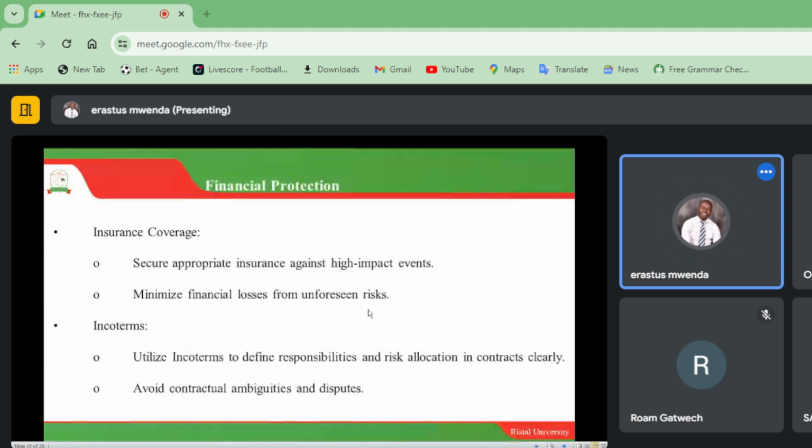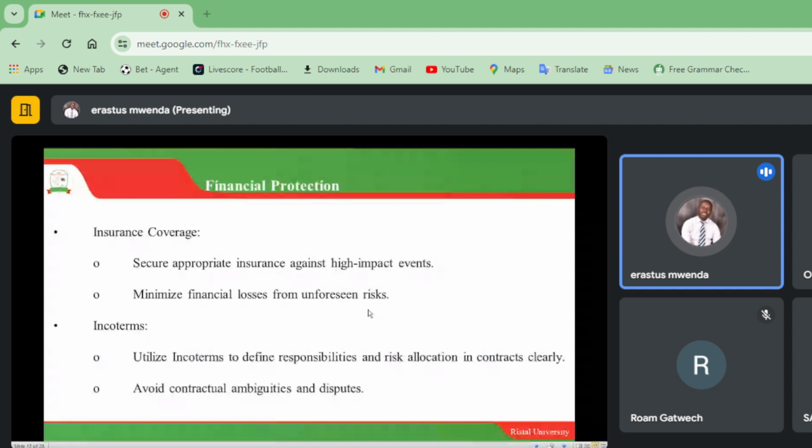Another issue around the Incoterms is the risk transfer. That is when the risk passes. When does the risk pass from the seller to the buyer? You can imagine a good is in transit and then something happens. Who takes the responsibility? Is it the seller who already released the items, or the buyer who is expecting the item?